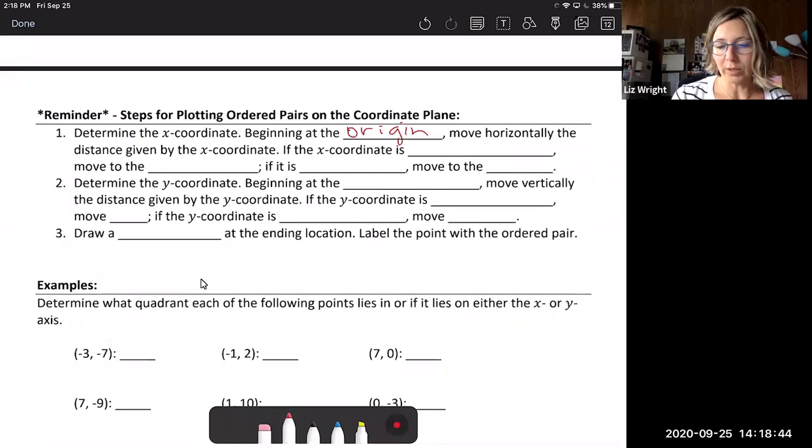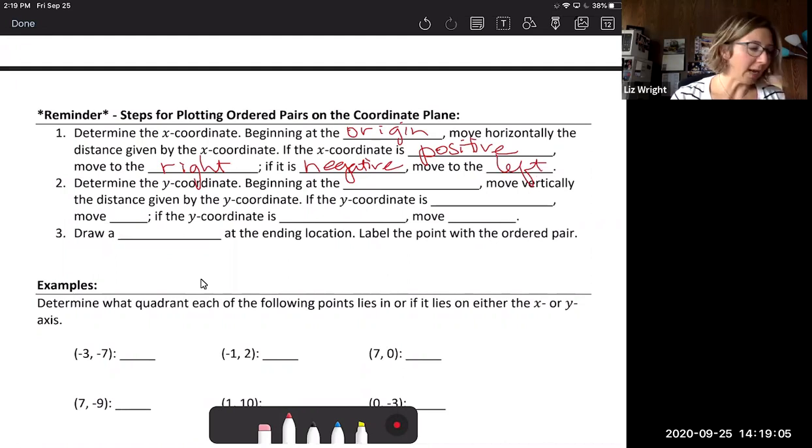If the x coordinate is positive, we move to the right. If it is negative, we move to the left.